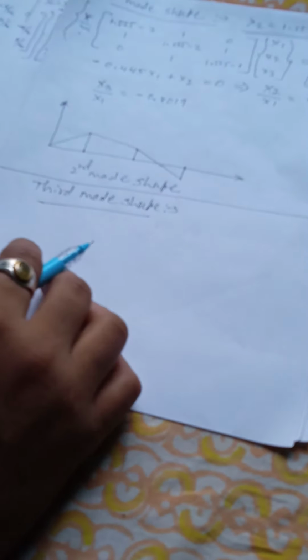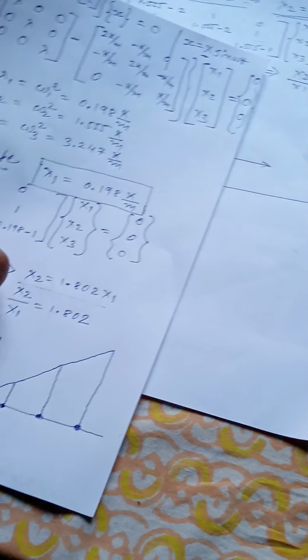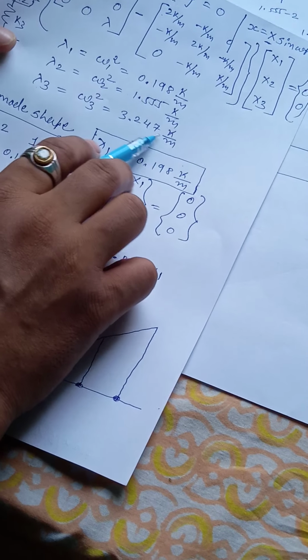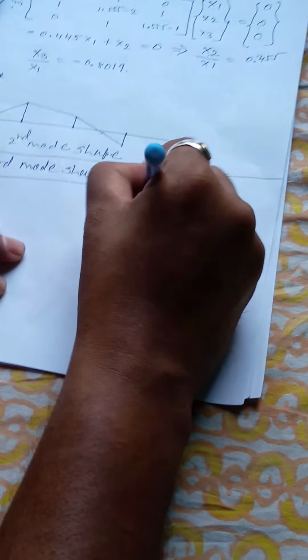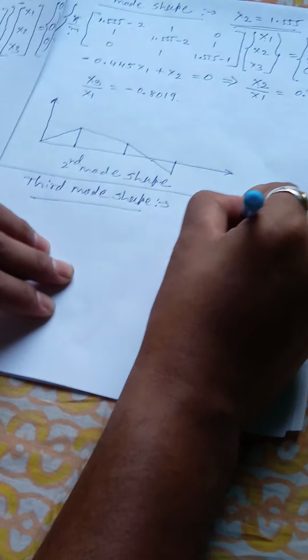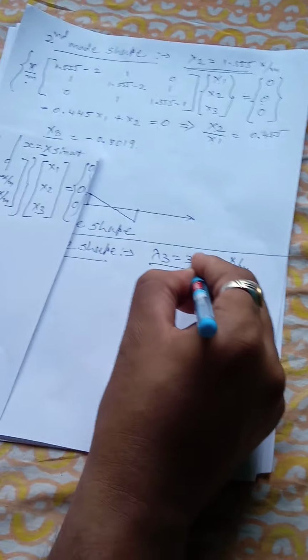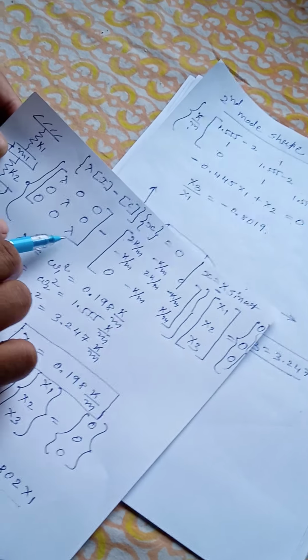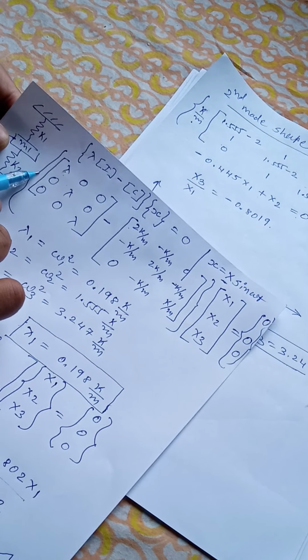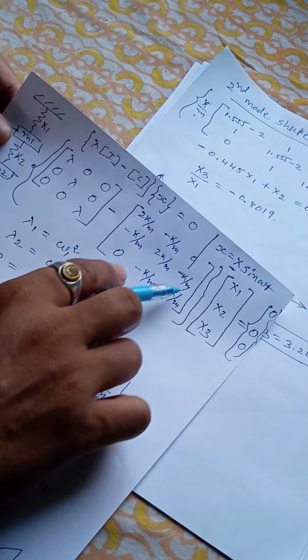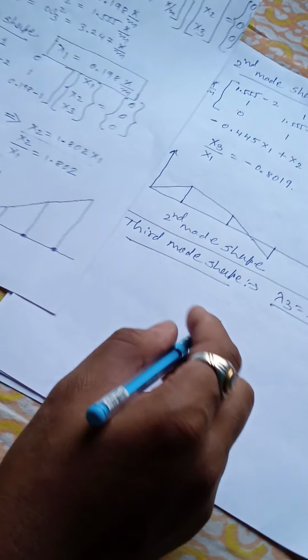For that we are supposed to use lambda equal to 3.247 k by m. Now use lambda 3.247 k by m in this equation. K by m is common here, and here also k by m is common.